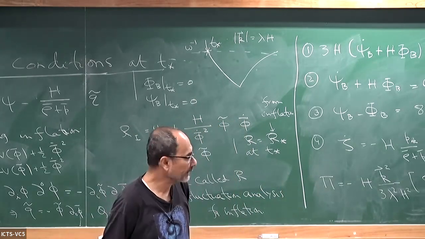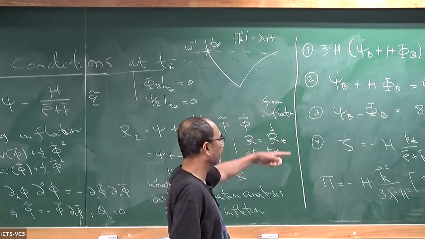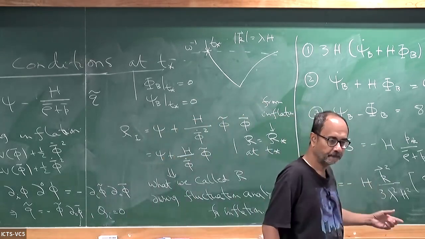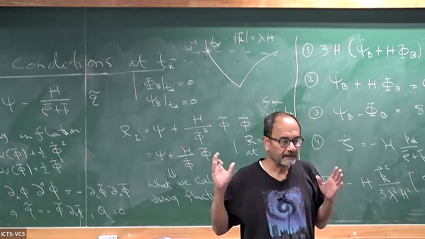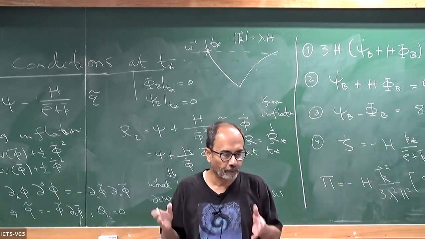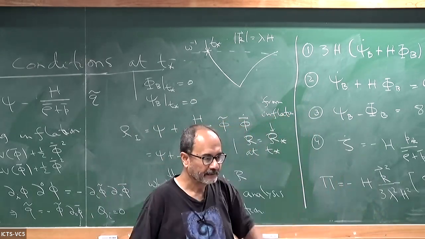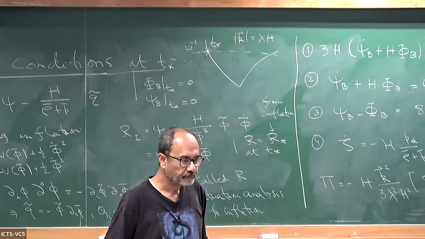We are now going to see how it follows from these equations. What does it mean to have small omega? Small omega is super horizon: omega inverse is larger than the horizon size.